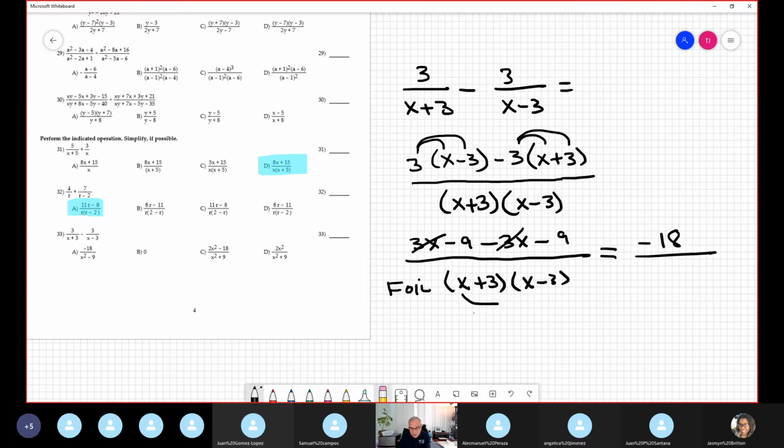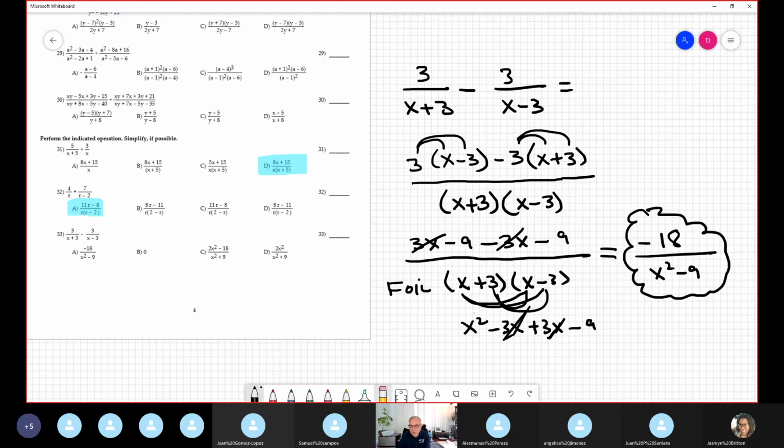You multiply x times x, x squared. x times minus 3 is minus 3x. Positive 3 times x is plus 3x. And this is minus 9. And this always cancels out when you're talking about conjugates. And stay x squared minus 9. Boom, final answer, which corresponds with option A. Any question? Do you see or no?